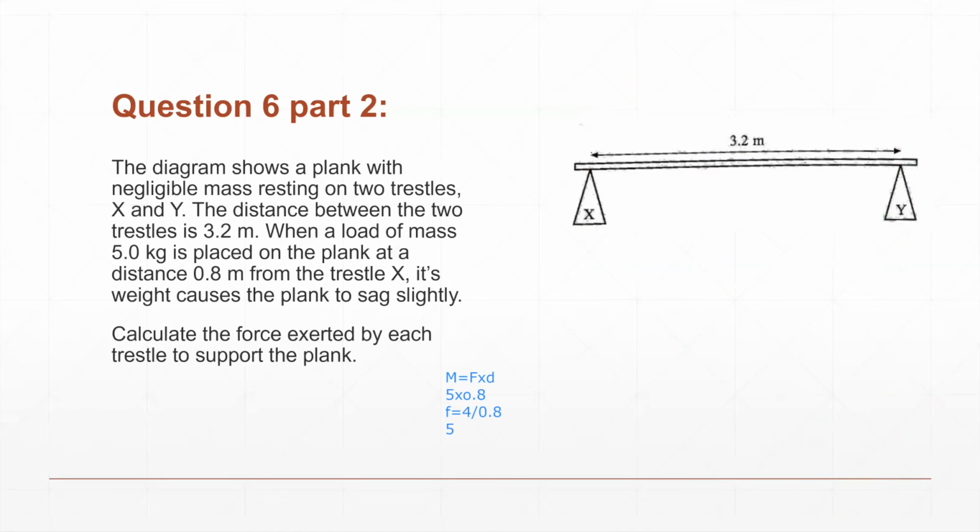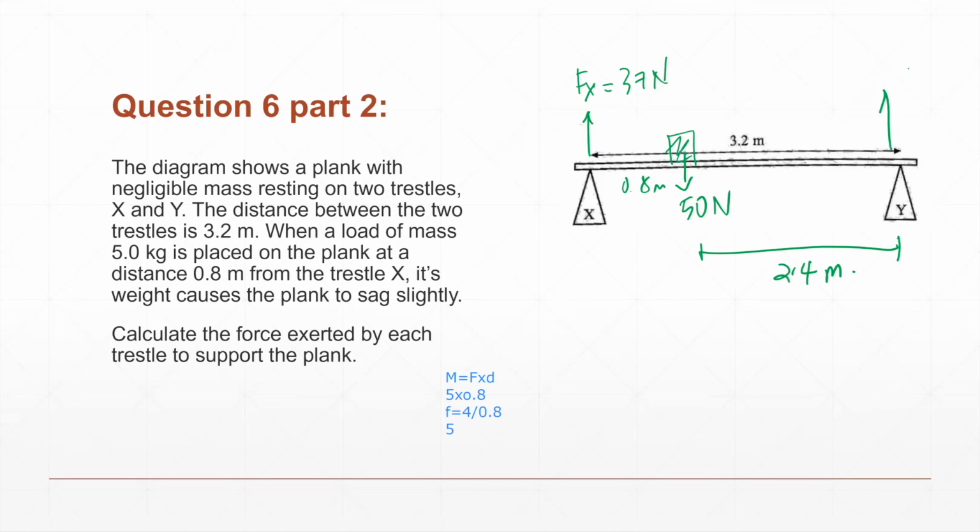So we know Fx is 37.5 newtons, and then we have 50 newtons here. Then this is 0.8 meters. Then I also know this is 2.4 meters.